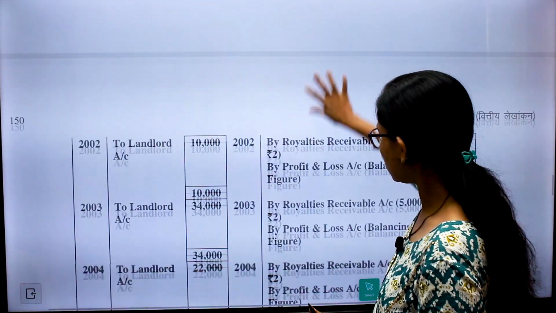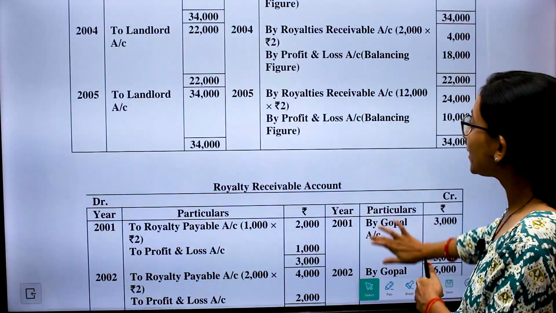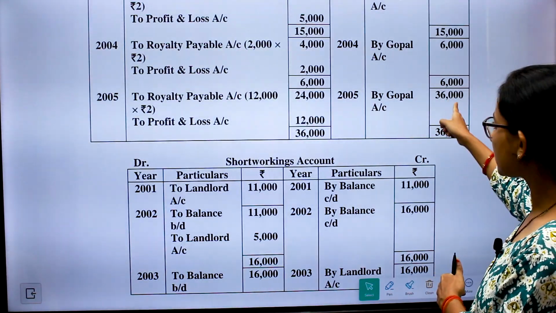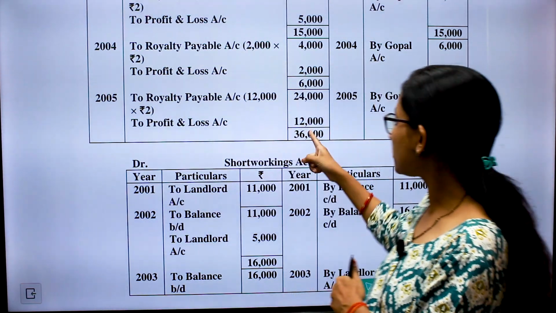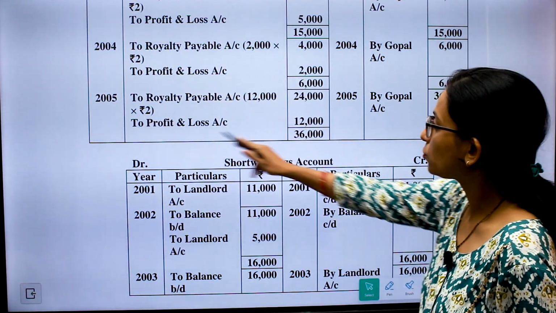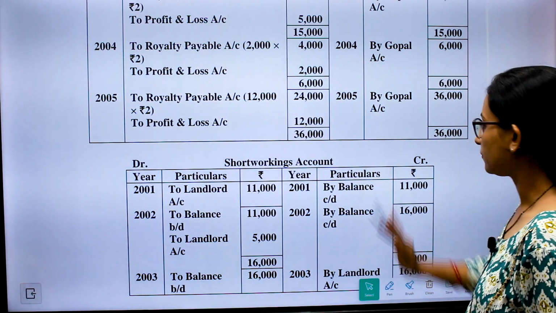In the fifth year he has paid 24,000. So we will credit Gopal with 36,000 and debit payable 24,000. The balance will be 12,000. That will be transferred at the end of 2005 to the profit and loss account. This way it got tallied.